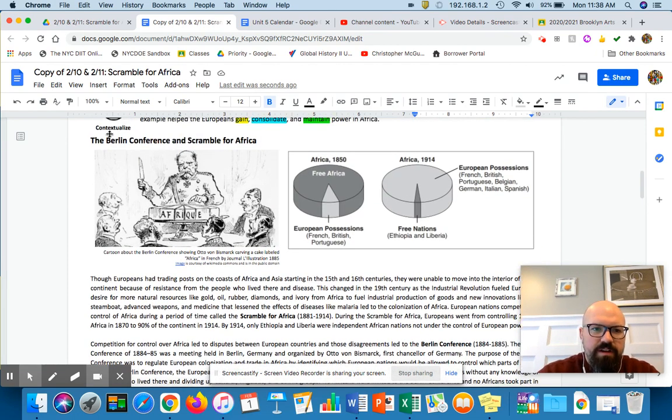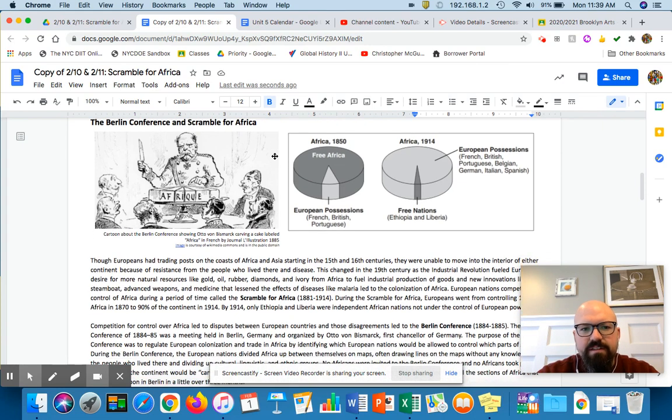This event right here, the Berlin Conference, is going to kind of set off this scramble for Africa. Really quick little bit about it. It's basically this meeting between a bunch of European countries about how to go about taking land in Africa.